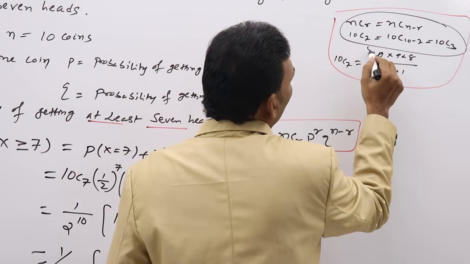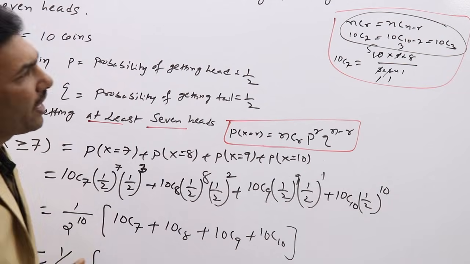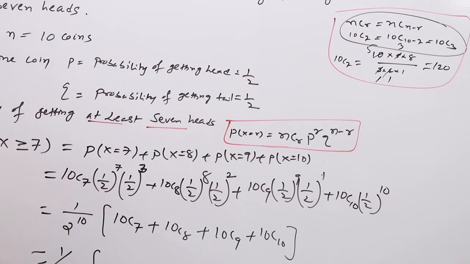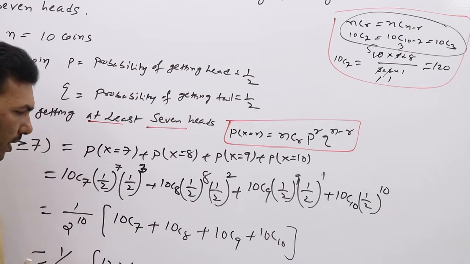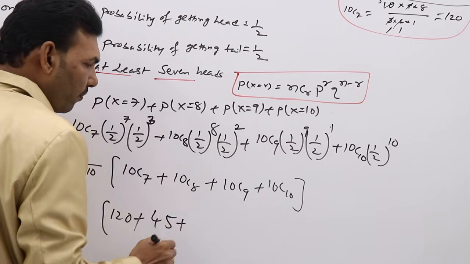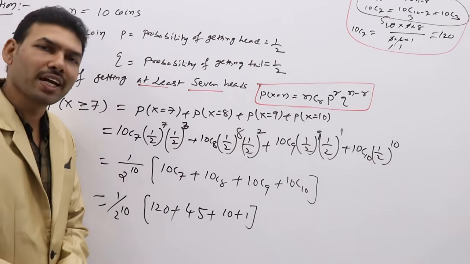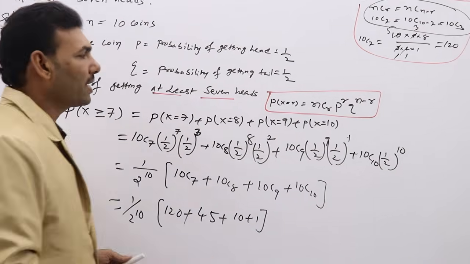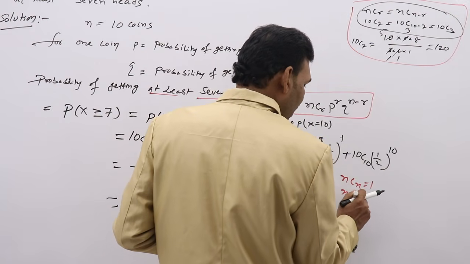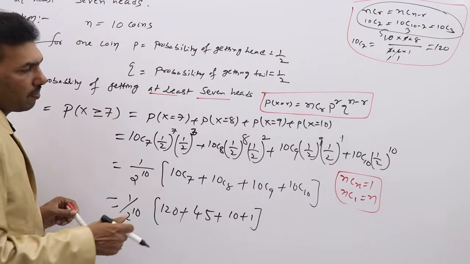Cancelling the terms, you get 15 times 8, which is 120. Like that you can calculate all the values, or use your calculator. 10C7 is 120, 10C8 is 10C2, value 45, and 10C9 is 10C1, which is 10, and 10C10 is 1.